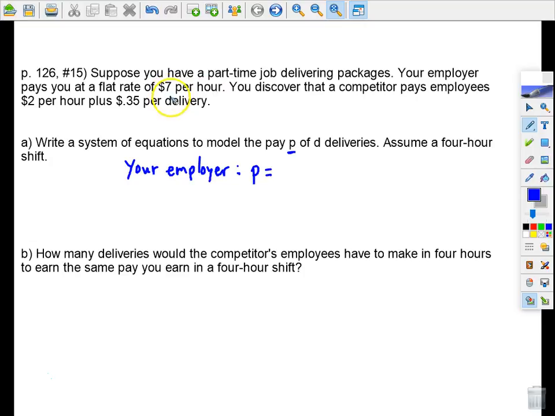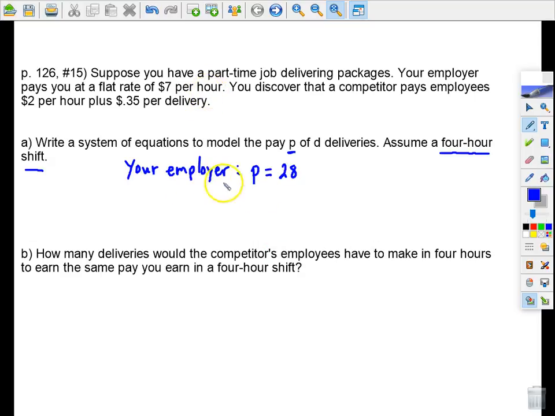Our pay for your employer isn't determined by any number of deliveries at all. The variable D is not even used in this equation. Your pay is based on a per hour rate, and you get paid $7 an hour, and you can assume a 4-hour shift. So we're going to do 7 times 4, and for this 4-hour shift, your pay is going to be $28. So the equation is pretty simple.